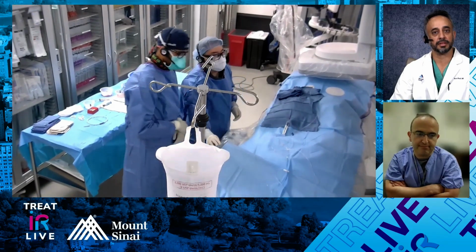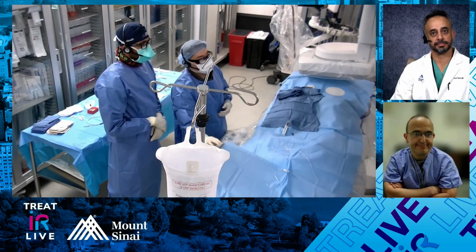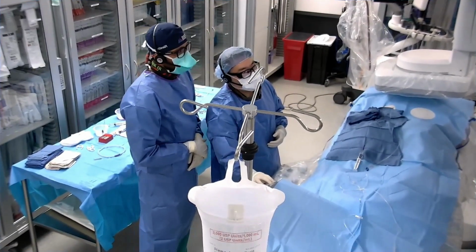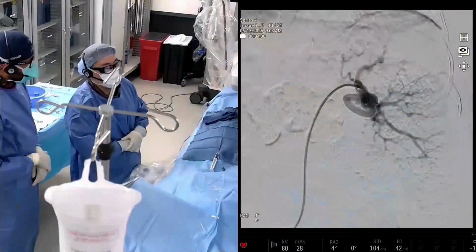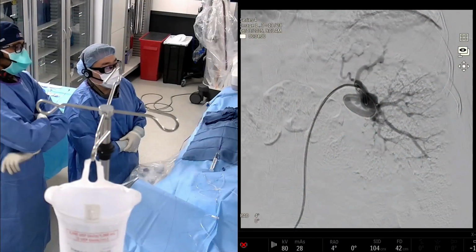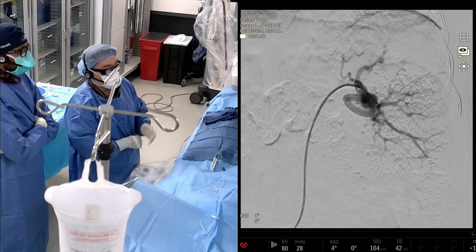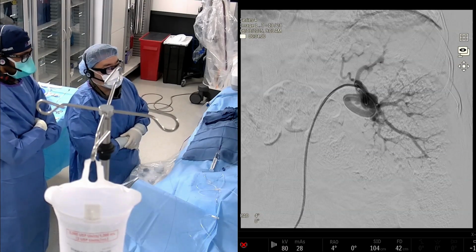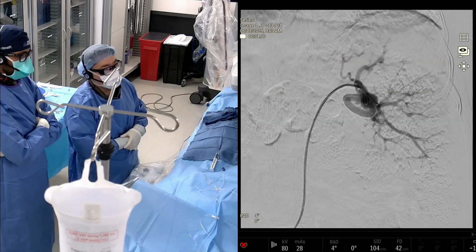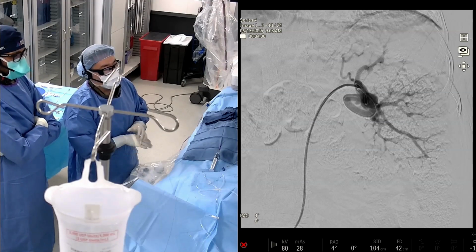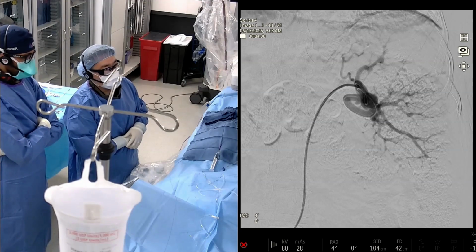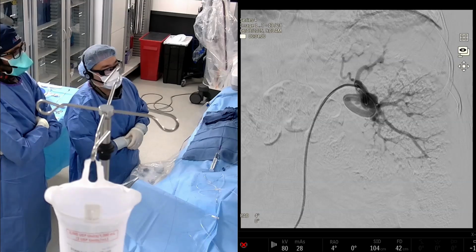Just to go through some images, we went from a femoral access. In terms of equipment, we have a 6 French guide, the Catapult, with an MPA angle to it. When we looked at the cross-sectional imaging ahead of time, we felt the MPA with a slight angle would be favorable for seating the guide into the proximal splenic artery.